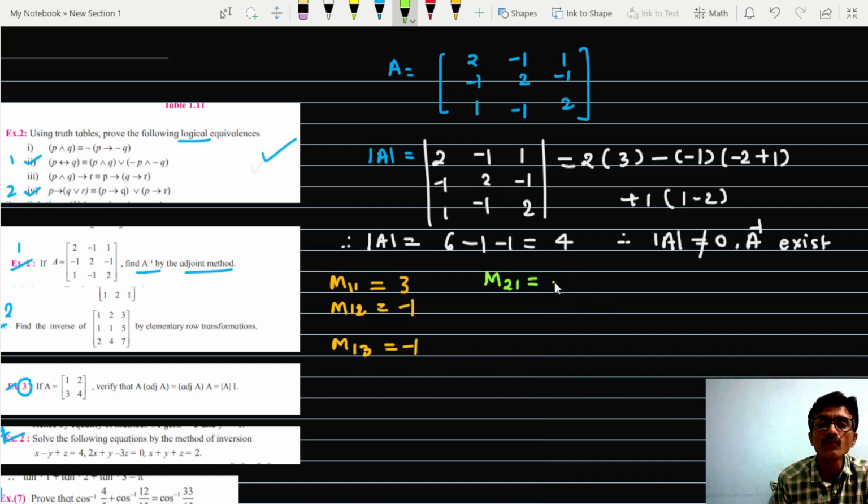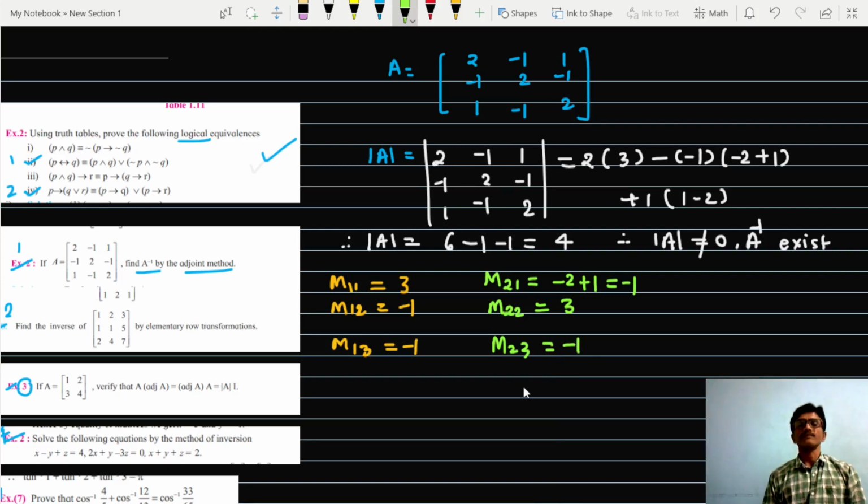So minus 1 into 2 is minus 2 and plus 1, which is equal to minus 1. m22 is the minor of this element, 2 into 2, 4 minus 1, it is equal to 3. m23 is minor of this element, which is minus 2 plus 1, it is minus 1.